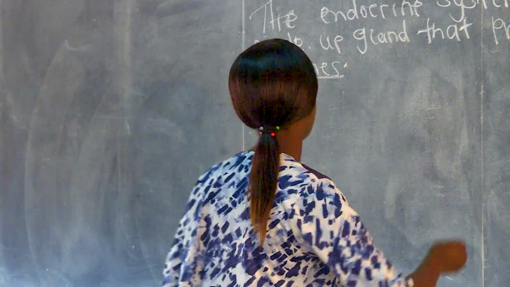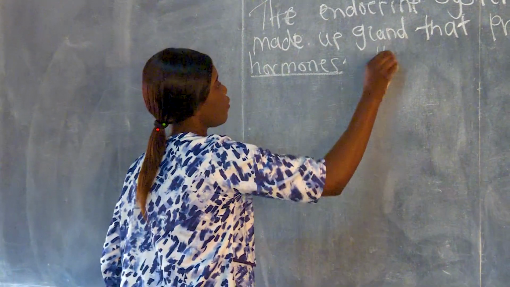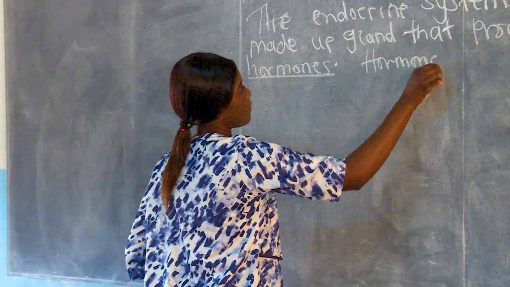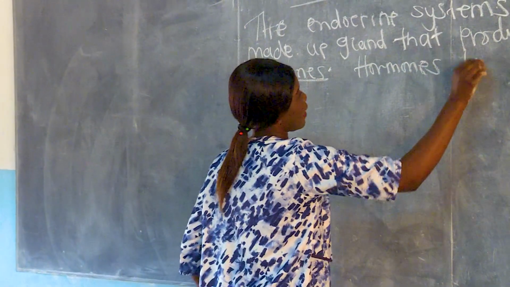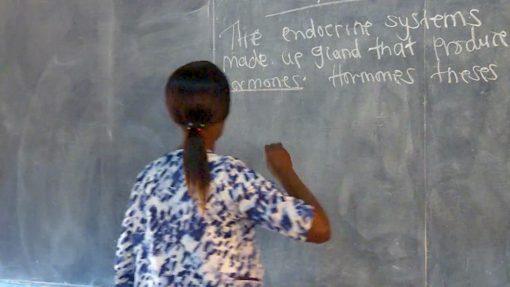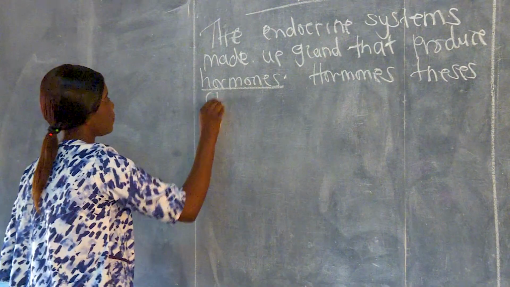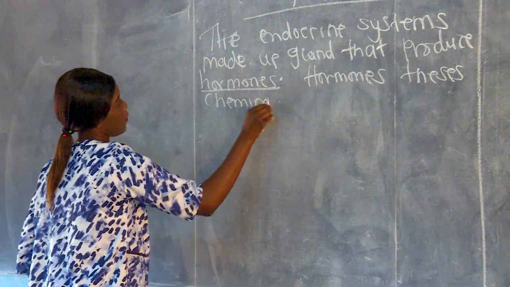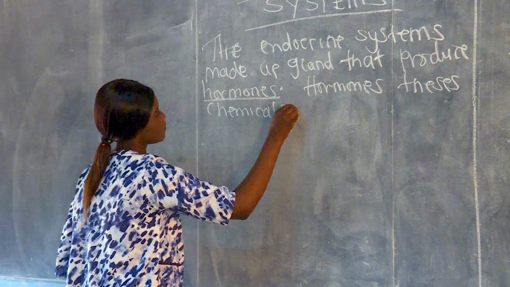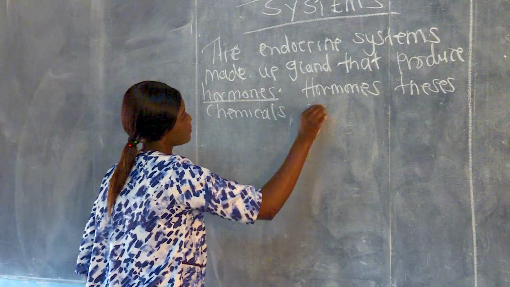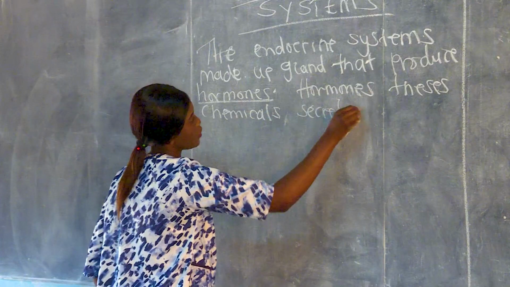Let me write that down. Okay, so hormones are chemicals that are coded in nature. These are chemicals secreted. To secrete is to produce.